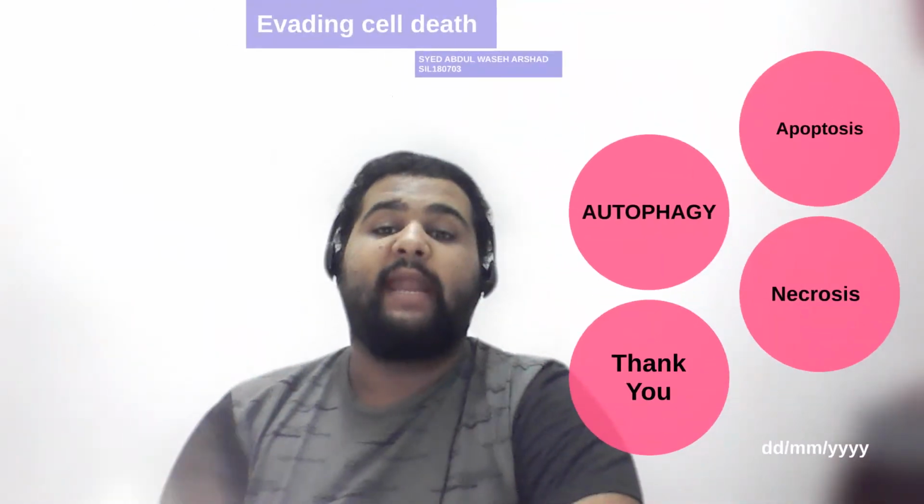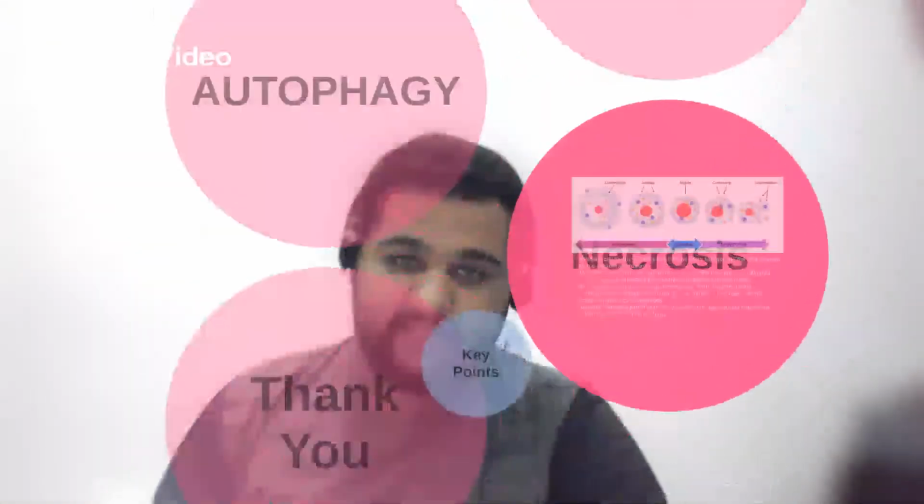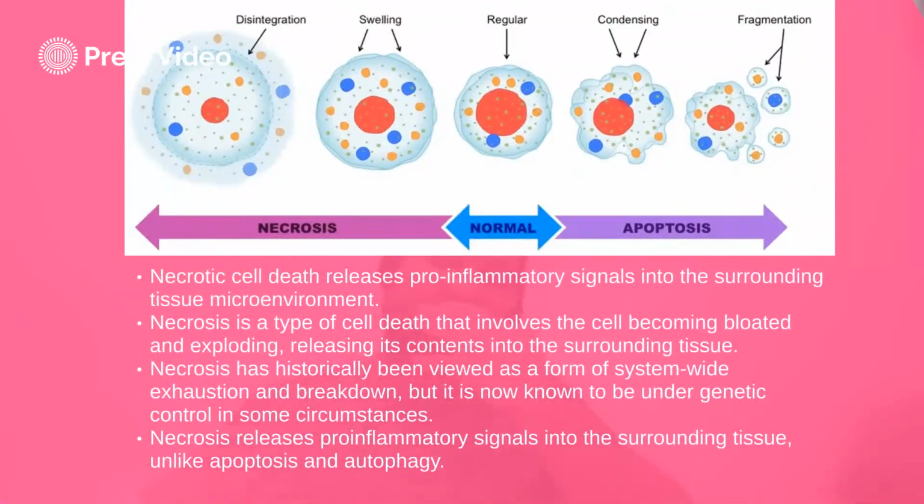So that was autophagy. Now, the third bad boy, which was necrosis. Necrosis is kind of similar to apoptosis, but not really. It's the polar opposite of apoptosis to some extent. Apoptosis ends up with cell shrinkage and then fragmentation and gone. With necrosis, the cell swells up and bursts open. In necrotic cell death, pro-inflammatory signals are released into the surrounding tissue microenvironment.